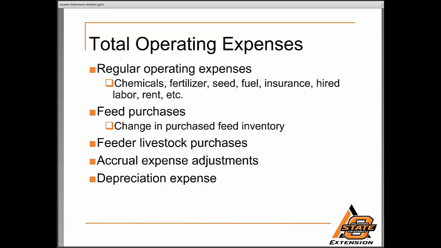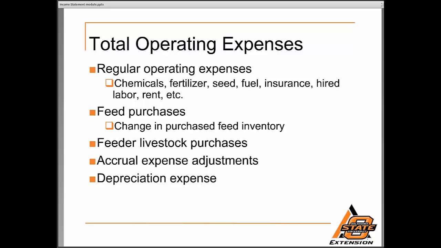After computing a value for gross farm revenue, you will compute total operating expenses for your operation. The first expenses will include all regular operating expenses such as chemicals, fertilizer, seed, fuel, and other regular expenses of operating your business. Many times this category is listed as cash operating expenses.